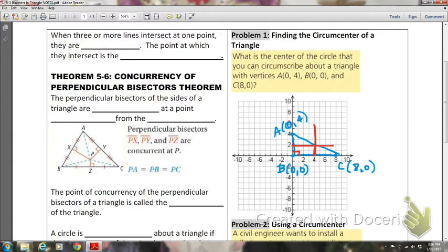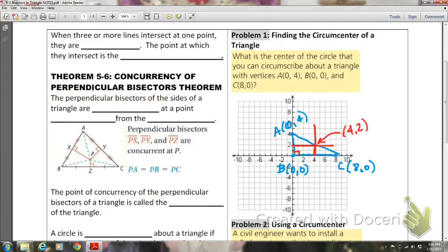So we have 2 of the perpendicular bisectors, and that's really all we need to see where they meet. And the point where they meet is the point 4,2.